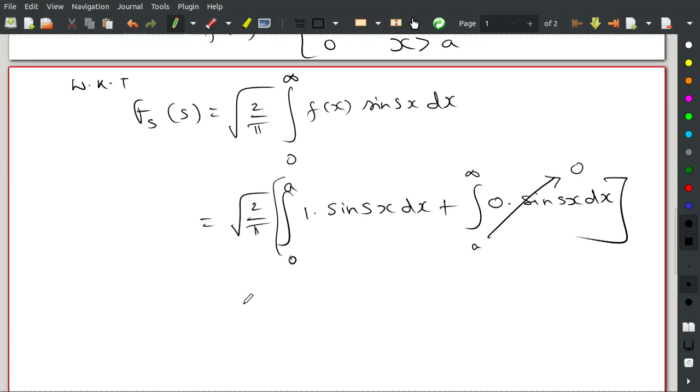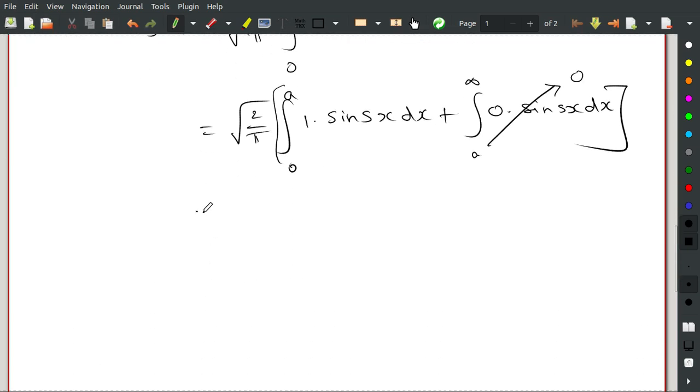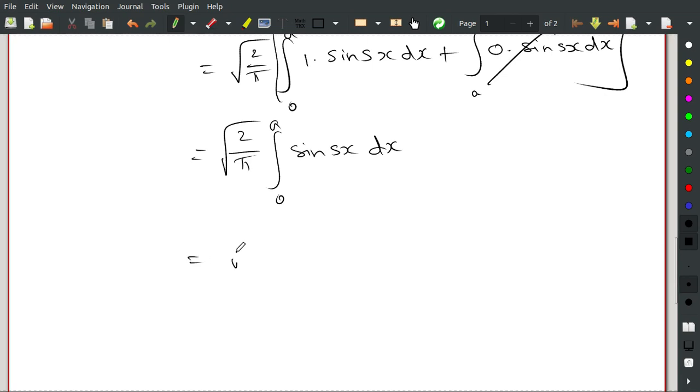Therefore the integral we have to solve is root 2 by pi integral 0 to a sine sx dx. So this is root 2 by pi of minus cos sx by s, and the limit is from 0 to a.